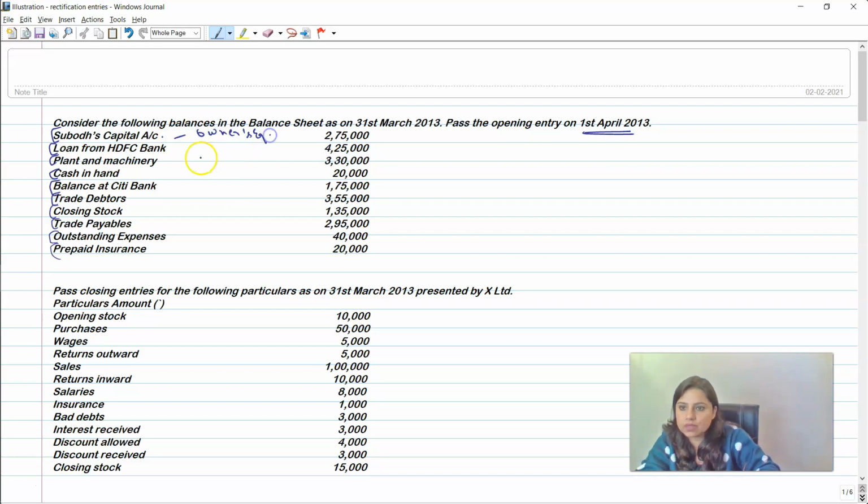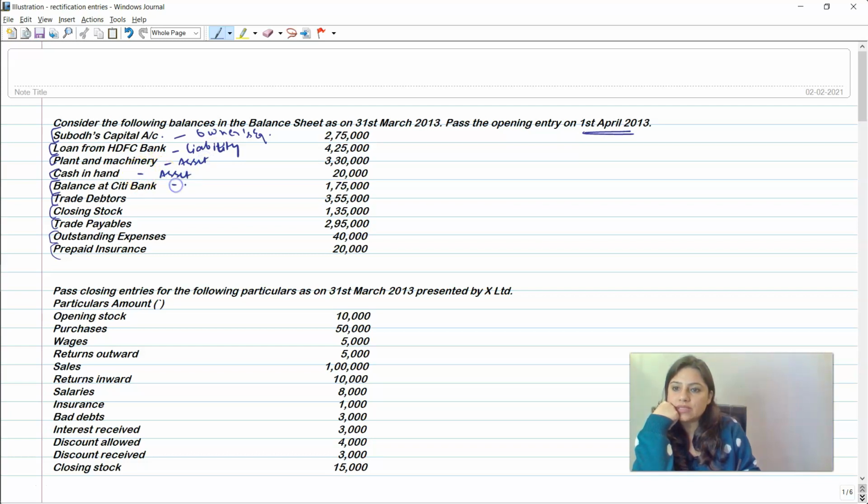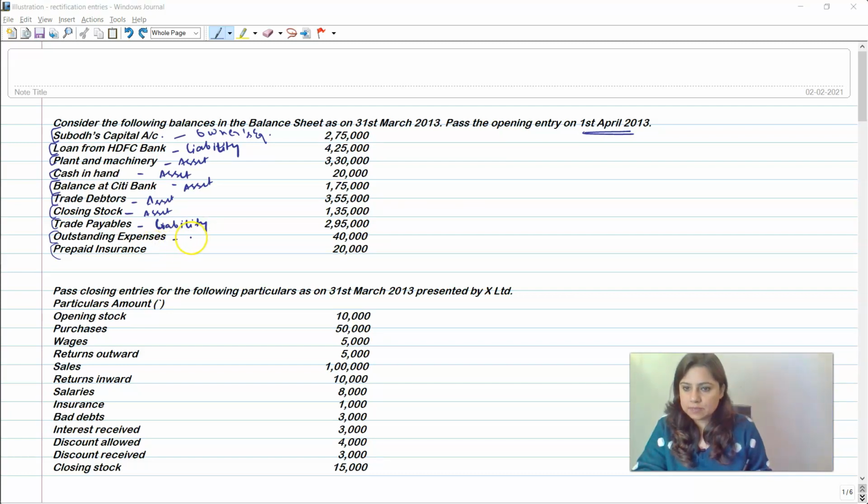equity. Loan is also a liability of the business, plant and machinery being an asset, cash in hand again being an asset, balance at Citibank, the bank account balance, again being an asset, trade debtors an asset, closing stock again an asset, trade payables being a liability for the creditors of the business, outstanding expenses being a liability.